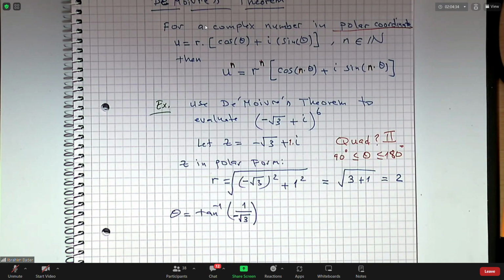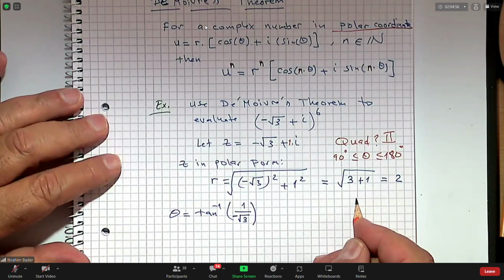What did you get? Tangent inverse of negative 1 over square root of 3. Pi over 6 or negative 30, negative, right? What did you get? 5 pi over 6?